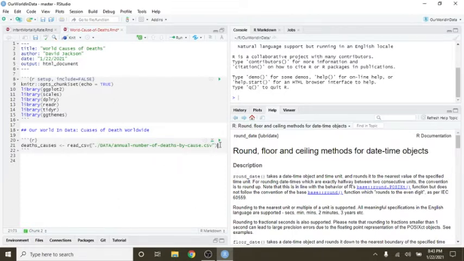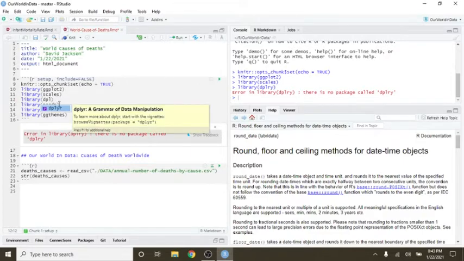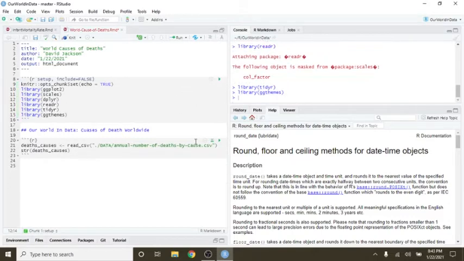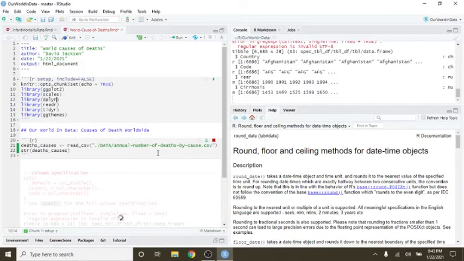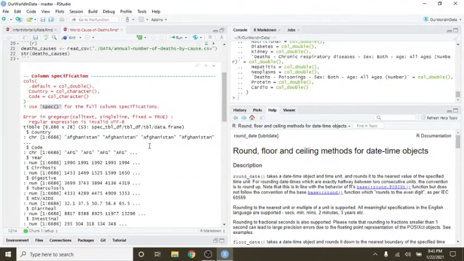Okay, so let's come down here. Load dplyr. Let's run this. Holy crap, look at all those things there.